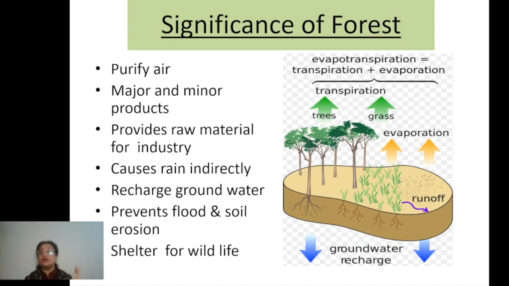Number two is protective function, right? When it protects us from the floods, when it protects the soil from getting eroded, when it protects us from the landslides and all. So all these things are coming under the protective functions of the forest.